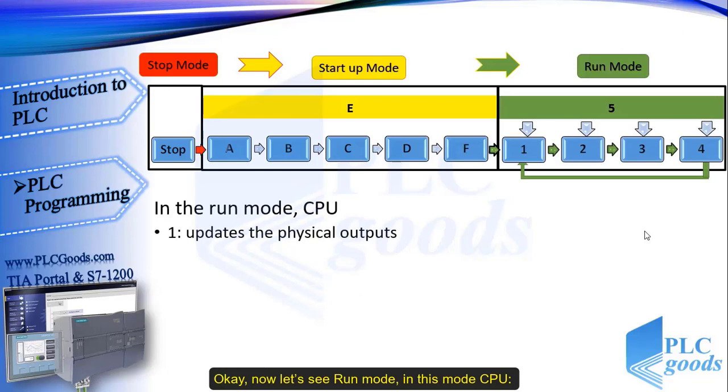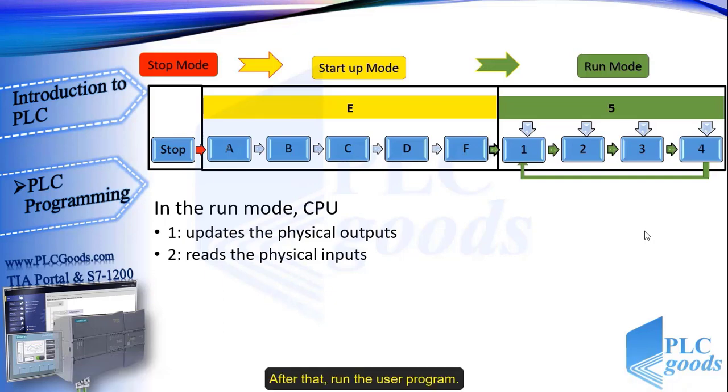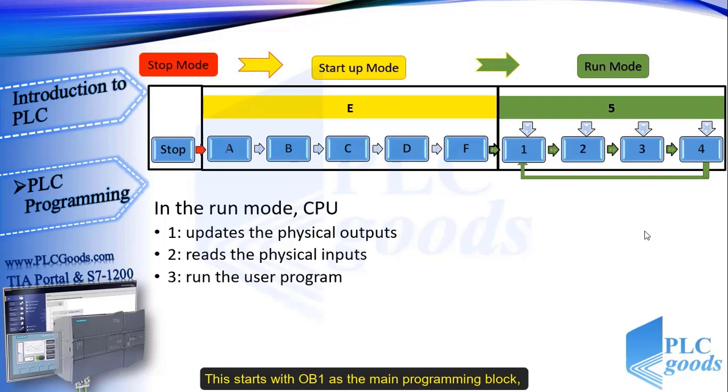In this mode, the CPU first updates the physical outputs, then reads the physical inputs and updates its input image memory. After that, it runs the user program. This starts with OB1 as the main program block.